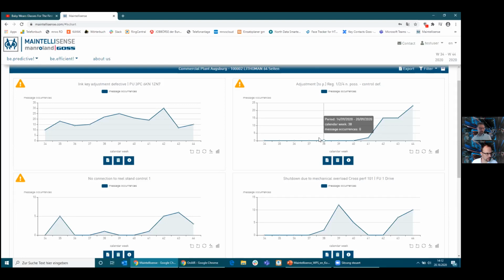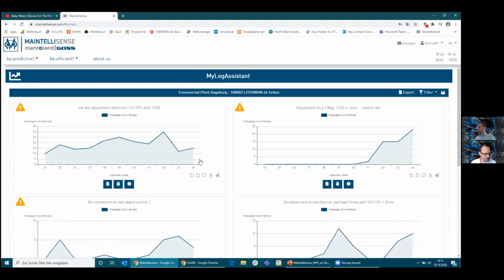If you don't have enough oil in your bearings, then you will have tremendous problems. We saw that this was increasing. The customer could prevent that, and he saved 2 or 4 or 5 days of unplanned downtime. A tremendous impact, tremendous cashback.